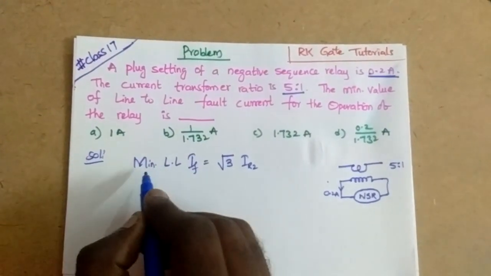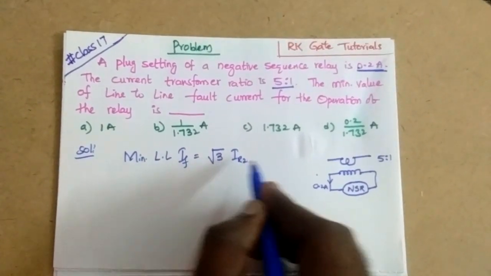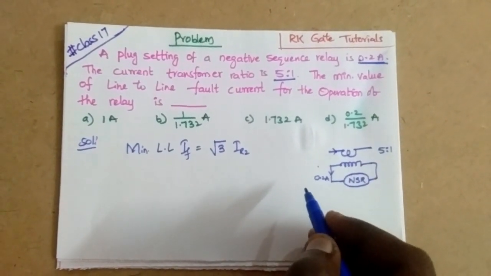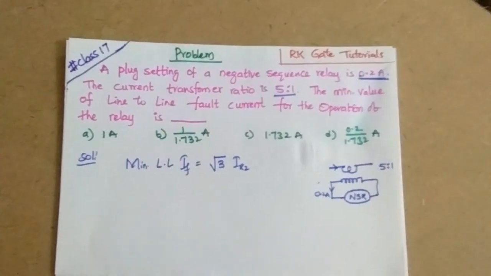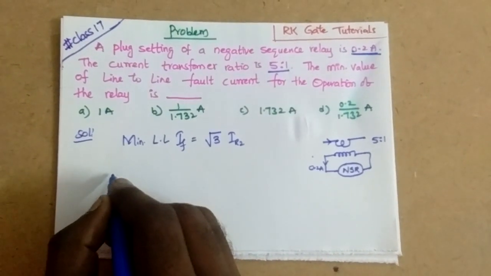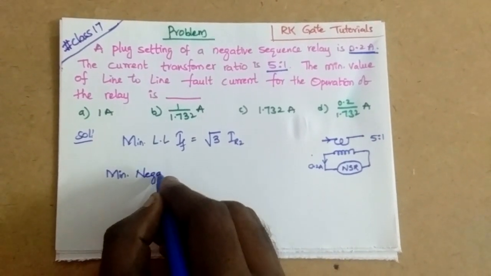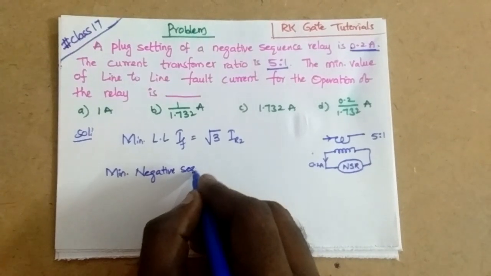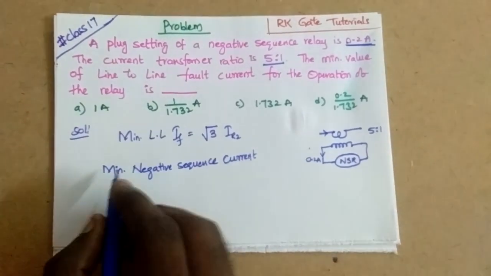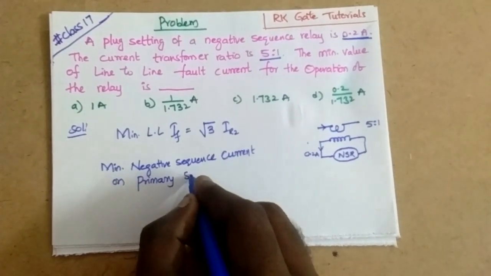So here, in order to calculate the minimum value of line to line fault current, you need to calculate the negative sequence current that is on the line. So this is the negative sequence current we need to calculate now. So how to calculate this? Let us calculate the minimum negative sequence current on the primary side.